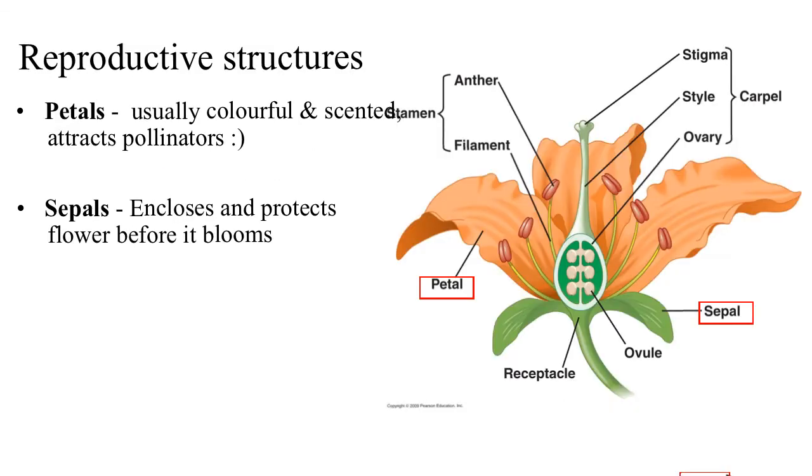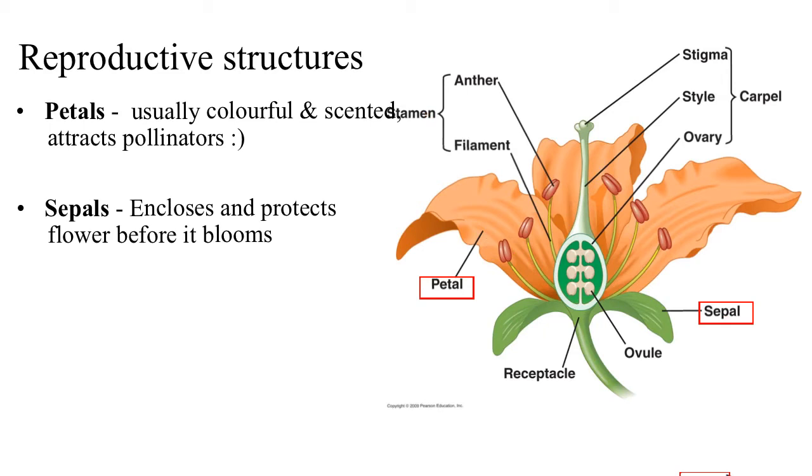So let's take a look at the reproductive structure of angiosperms, of our flowering plants. So here's what looks like a lily, and right off the bat, one structure that you would be very familiar with are the petals. And so the petals are usually colorful and scented in order to help attract pollinators, birds and the bees.